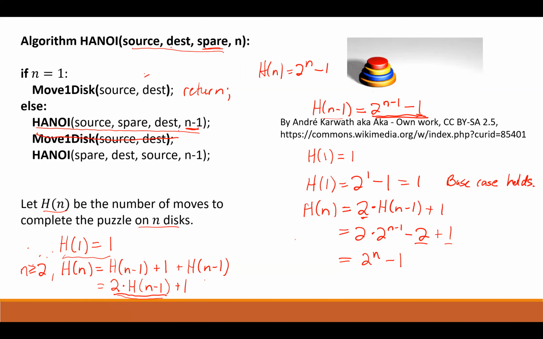Yeah, the one disk is always excluded from the recursive call. So I have to move that myself.